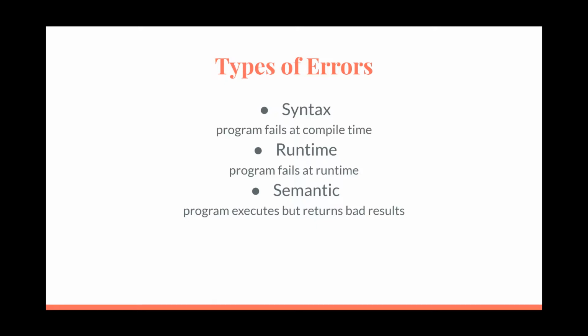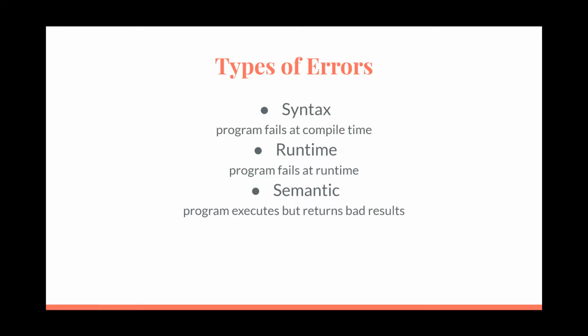And compile time is when you compile a program before running it. Depending on the IDE you're using, this can happen during build time, or if you're using an IDE like Eclipse, it'll yell at you and tell you, hey, there's a syntax error here, like you forgot a semicolon or whatever.